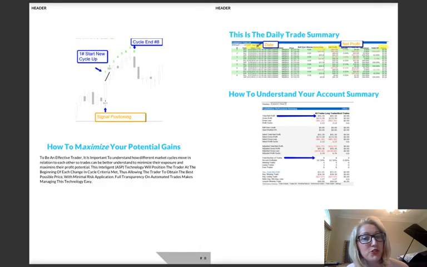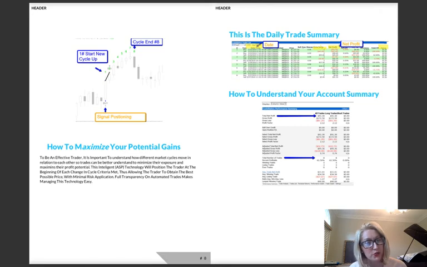How to maximize your potential gains. So to be an effective trader, it's important to understand how different market cycles move in relation to each other, so trades can be better understood to minimize their exposure and maximize their profit potential. The intelligent ASP technology will position the trader at the beginning of each change in cycle criteria met, thus allowing the trader to obtain the best possible price with minimal risk, application, full transparency.